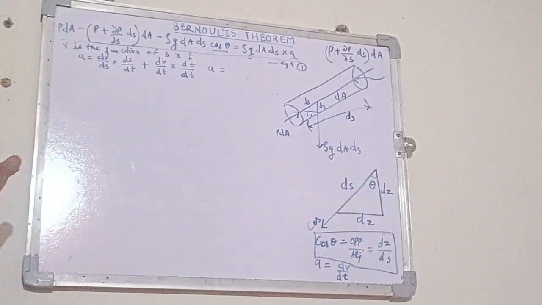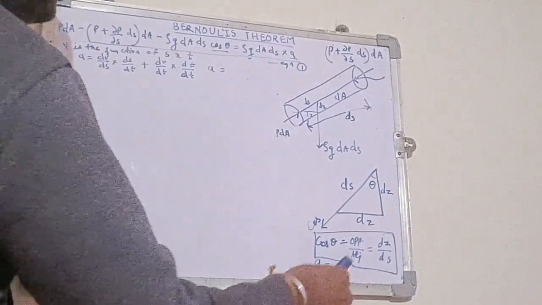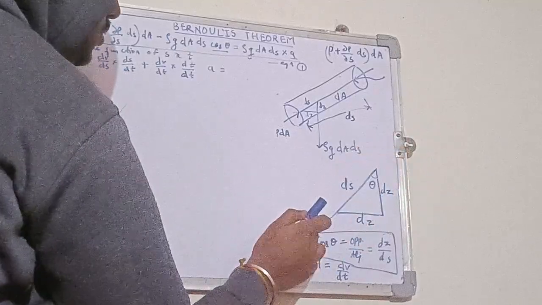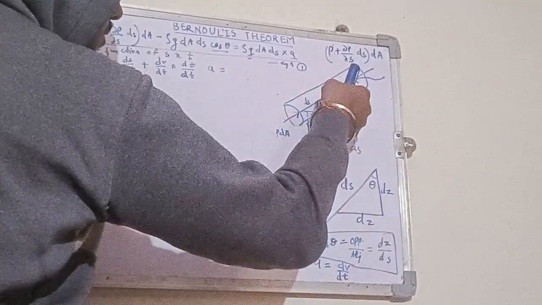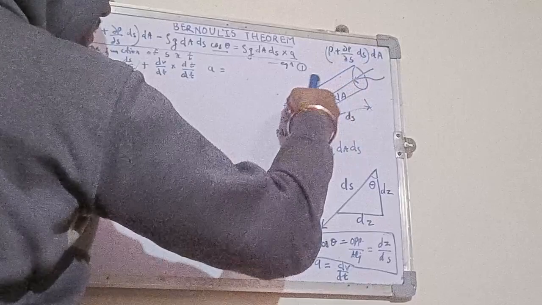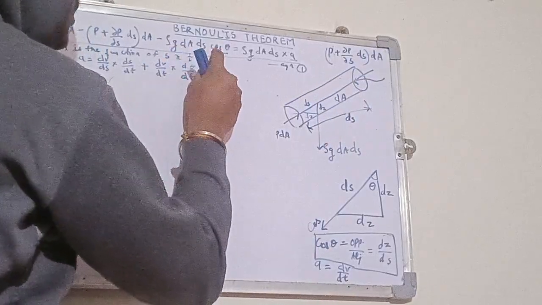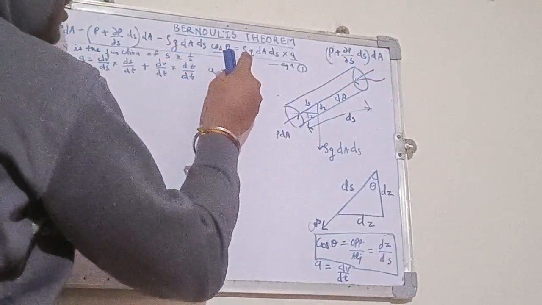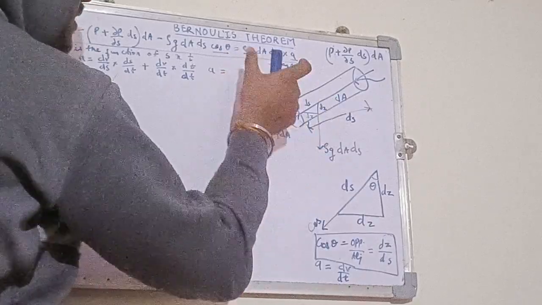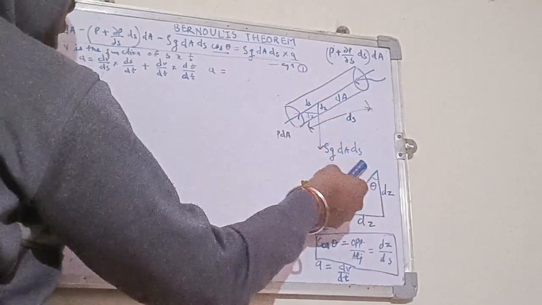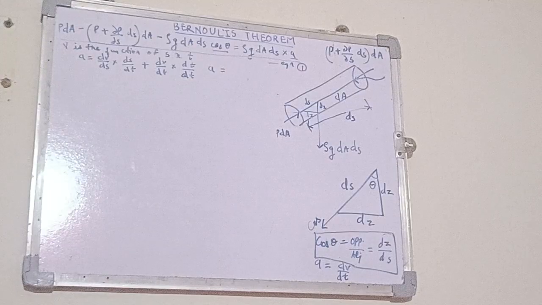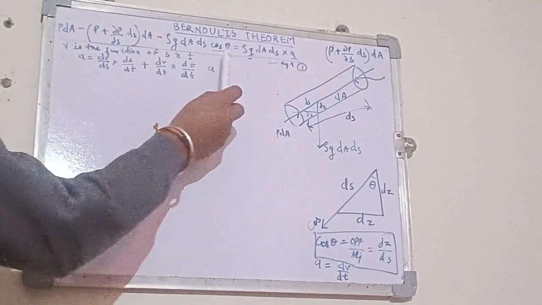When we resolve the forces, the component of weight is rho g dA ds cos theta, which equals rho g dA ds into a, that is, mass into acceleration. Now in this equation we need to find cos theta and a.